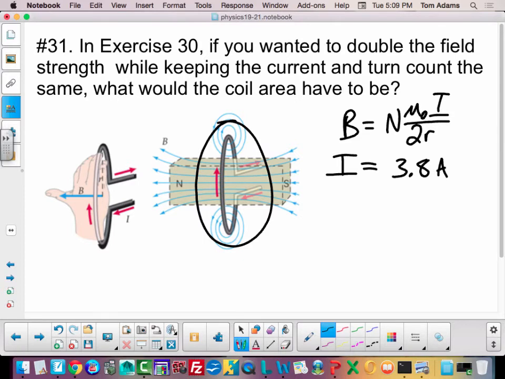Well, what were all these numbers? Well, I'm going to do 30 real quick because I didn't want to assign 30. I wanted you to do problem 31, but you kind of need the information. So the radius they gave you ended up being 0.15 meters.